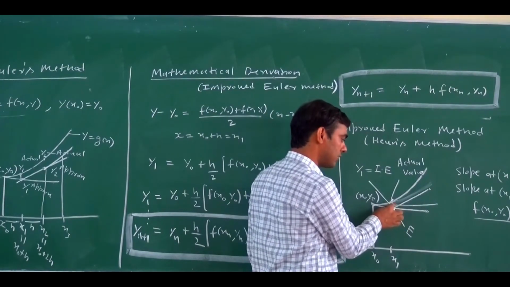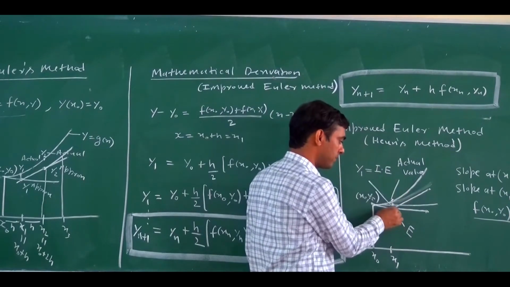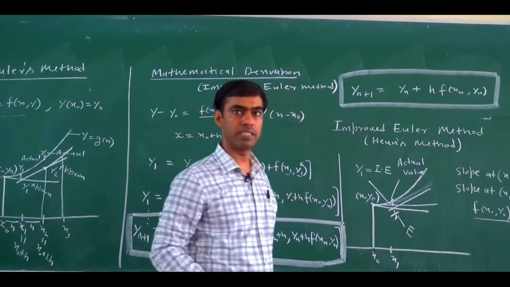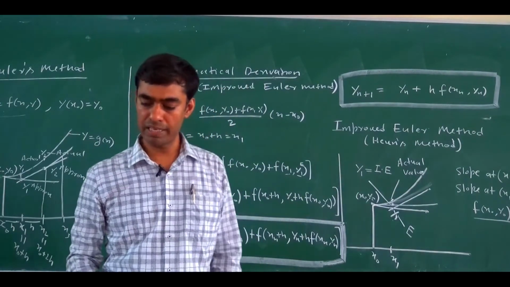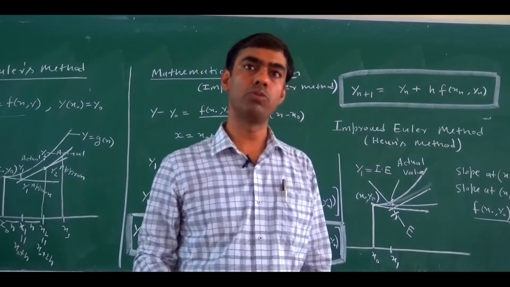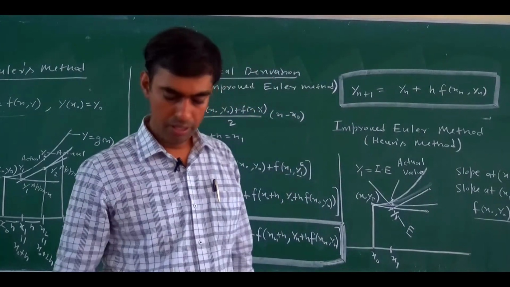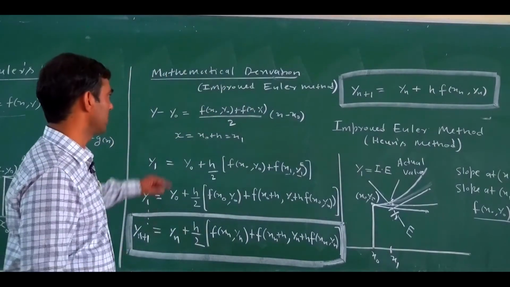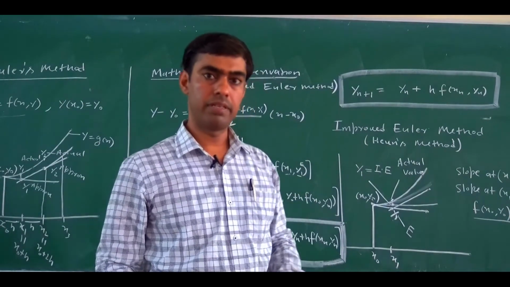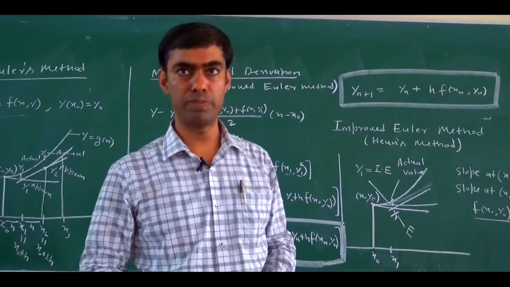So it is closer to the actual value in comparison to y1 obtained with the Euler method. In the improved Euler method we get values for y1, y2 closer to the actual value. That's why this is called the improved Euler method, developed by Heun. Due to this reason it is also called Heun's method.